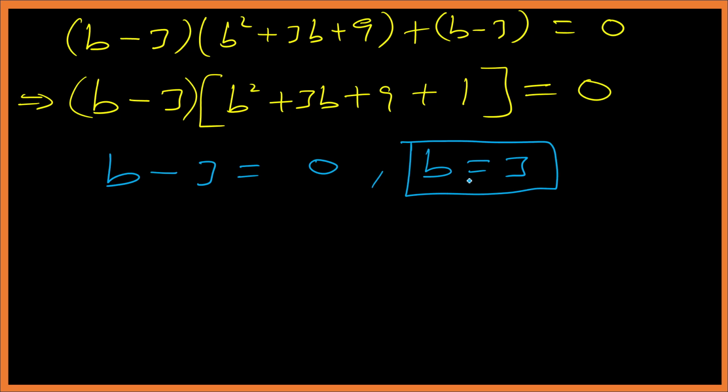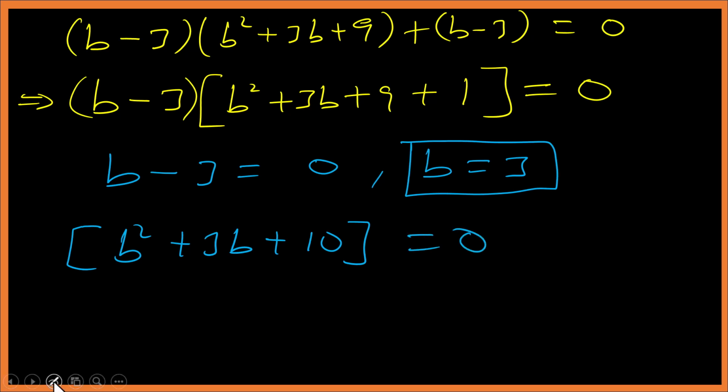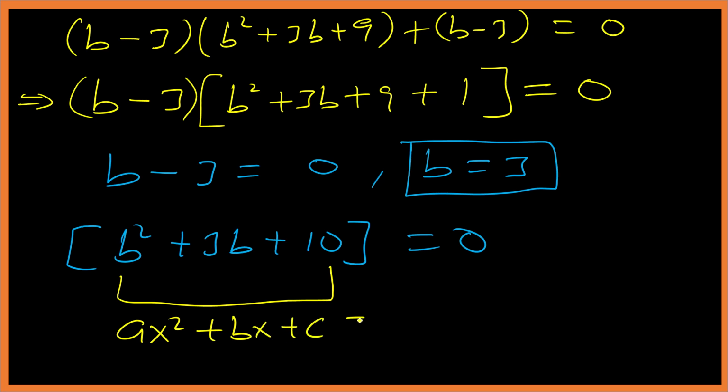Okay, so we are to look for the other solutions. So we have b squared plus 3b plus 9 plus 1. So 9 plus 1 will be plus 10, so b squared plus 3b plus 10 equal to 0. Let's compare this one with the quadratic equation ax squared plus bx plus c equal to 0.